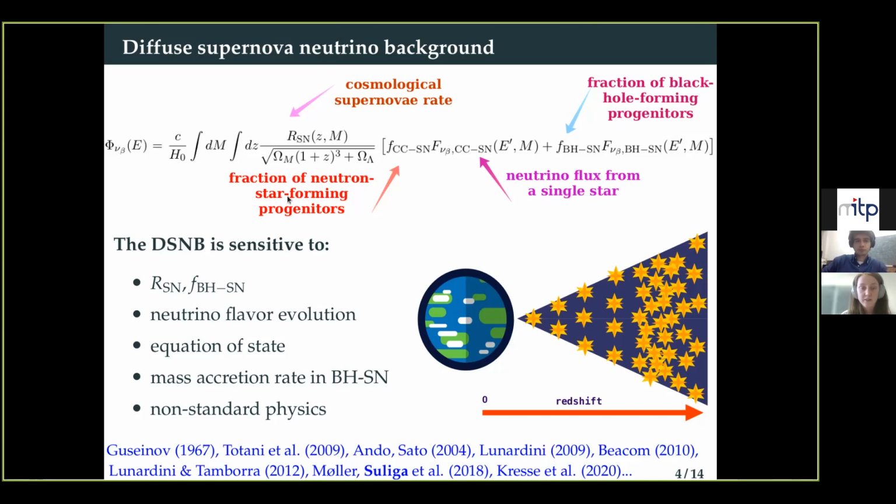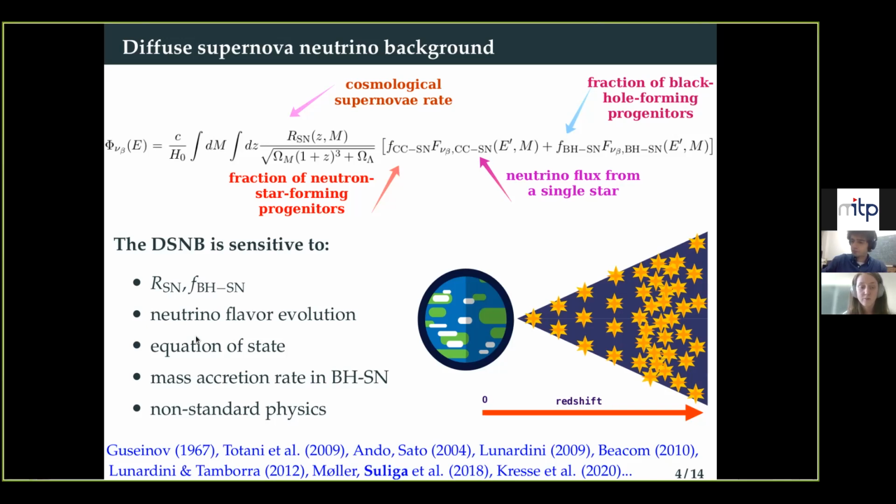This equation is telling us that the diffuse supernova neutrino background should depend on some of the astrophysical unknowns, like the cosmological supernova rate, or what is exactly the fraction of black hole forming progenitors. But it's also telling us that it should depend on more of the properties of the progenitor and what happens inside of it.